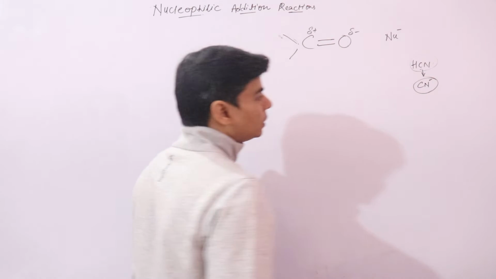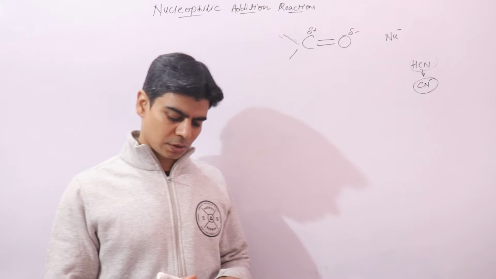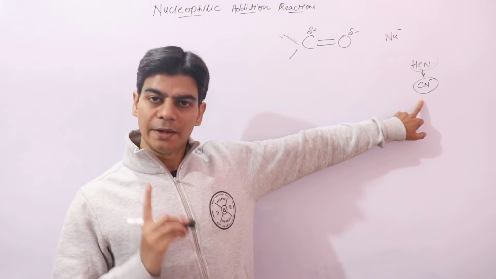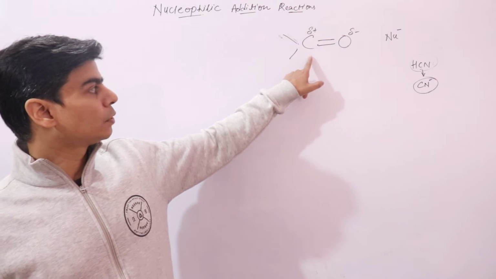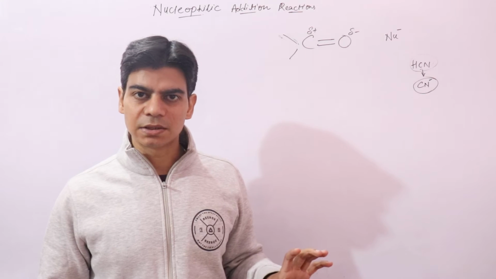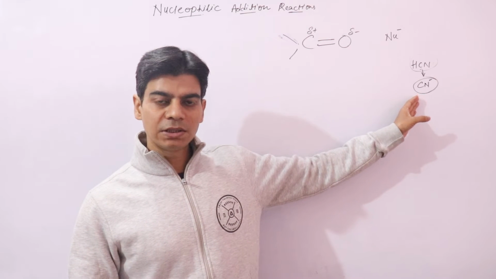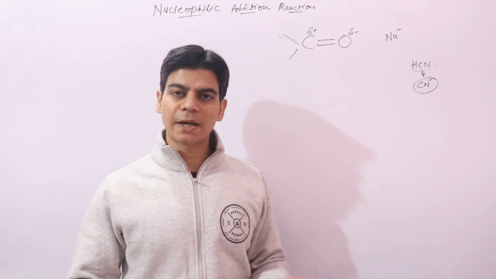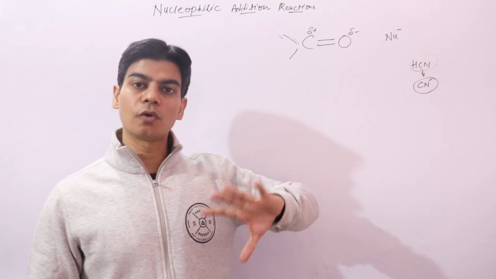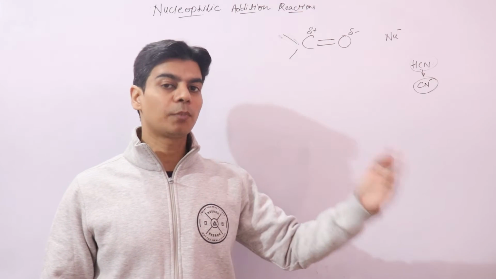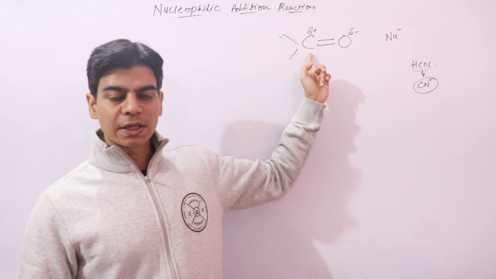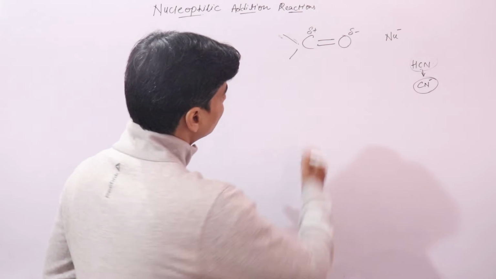Now we have studied in the basic mechanism of organic reactions that nucleophiles, which are negative reagents, will attack organic compounds at sites of low electron density, or at positive sites, because negative and positive have attraction, right? Now if we talk about aldehydes and ketones, the site of low electron density is your carbon.